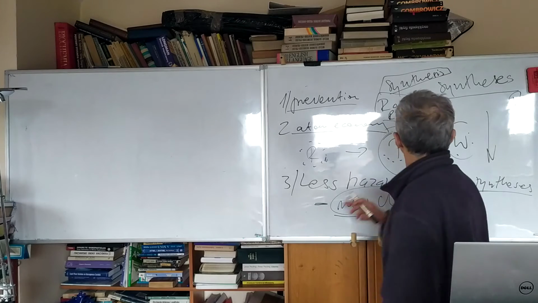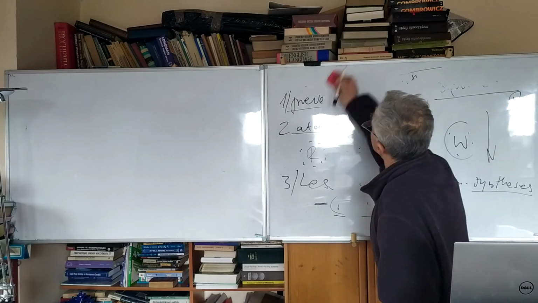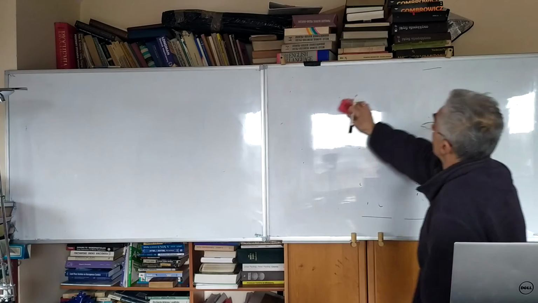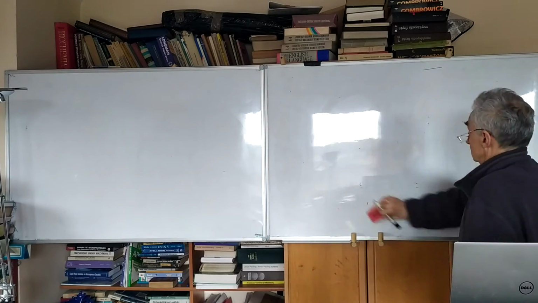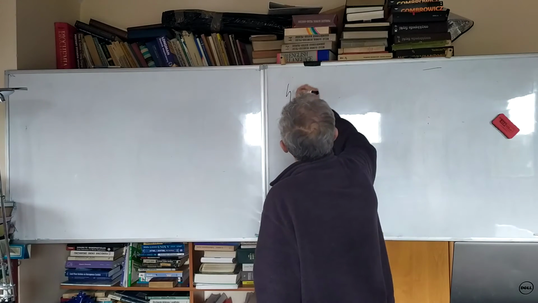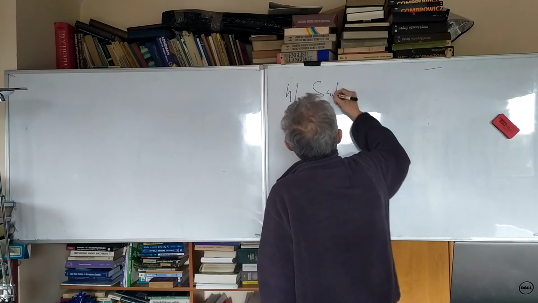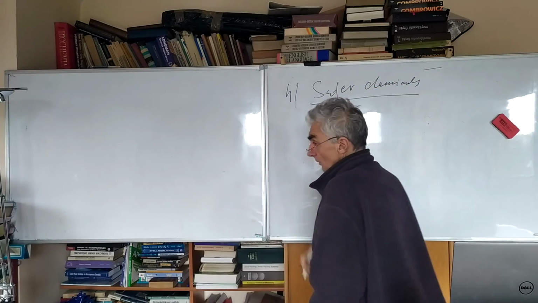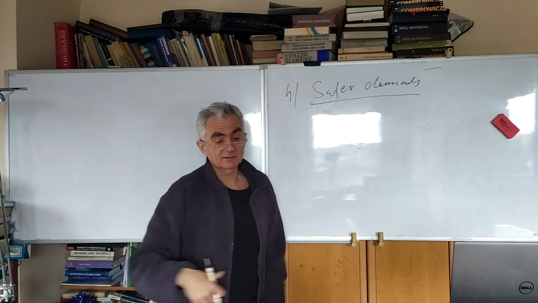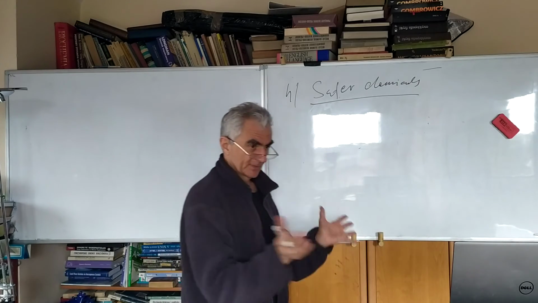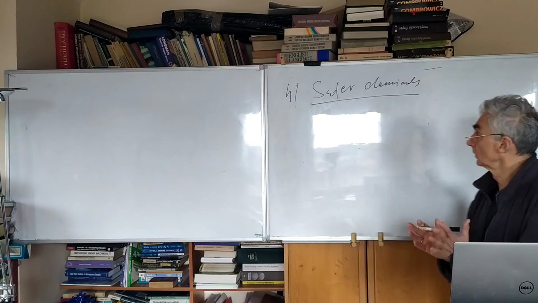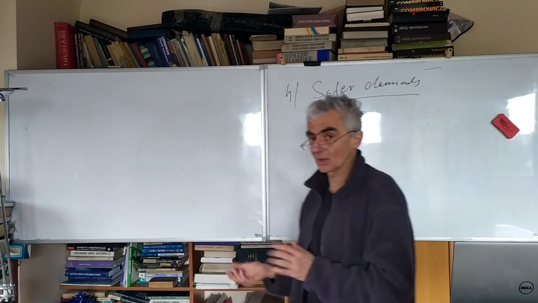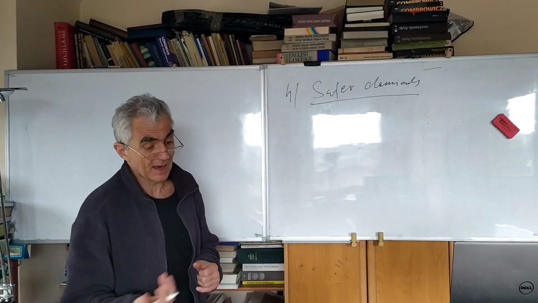So number 4, safer chemicals. Number 3 was less hazardous chemical synthesis, which is a very general rule, and we can perform the same reaction, but let's say maybe chlorides would be better than bromides and so on.